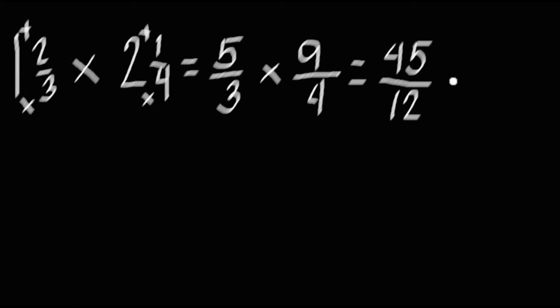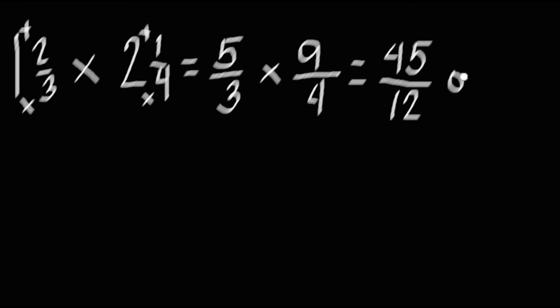You can notice that our answer is an improper fraction. If the answer to any operation of fractions is an improper fraction, it is important to change that into a mixed number. Why? To easily visualize the value of the fraction.